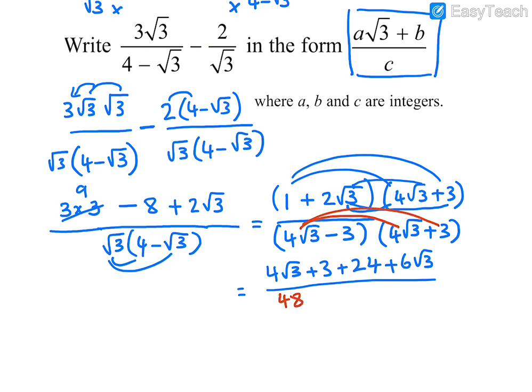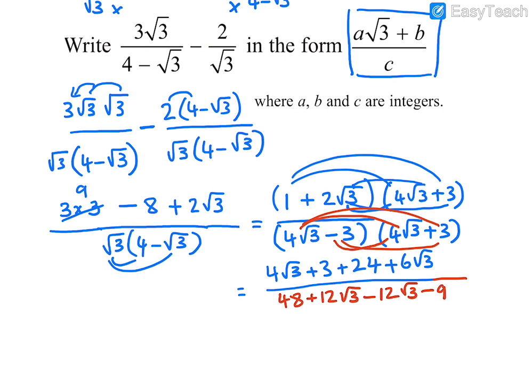And then 4 root 3 times by 3 is plus 12 root 3. And then we will have minus 3 times by 4 root 3. That's minus 12 root 3. And finally, we've got minus 3 times by plus 3. That's going to be minus 9.